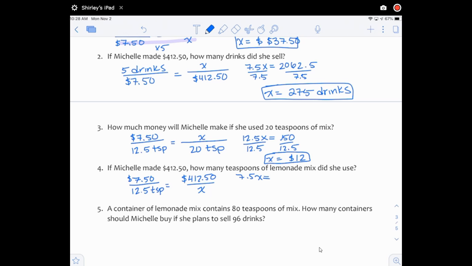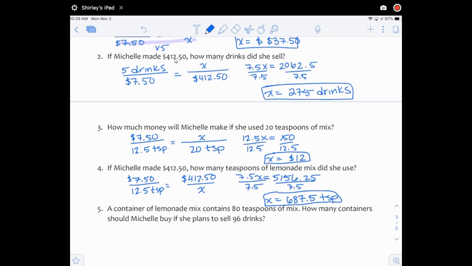Multiply 12.5 times 412.5. We get 5,156.25. Divide by 7.5. X is equal to 687.5 teaspoons.